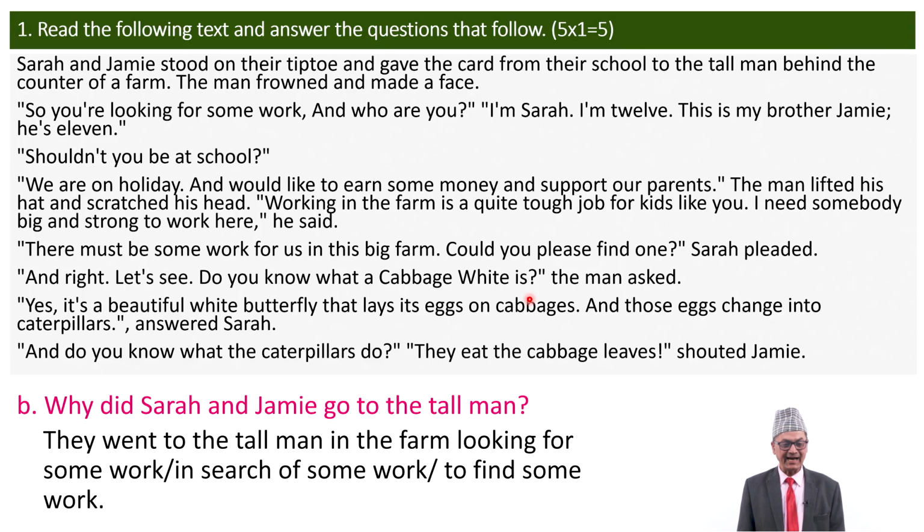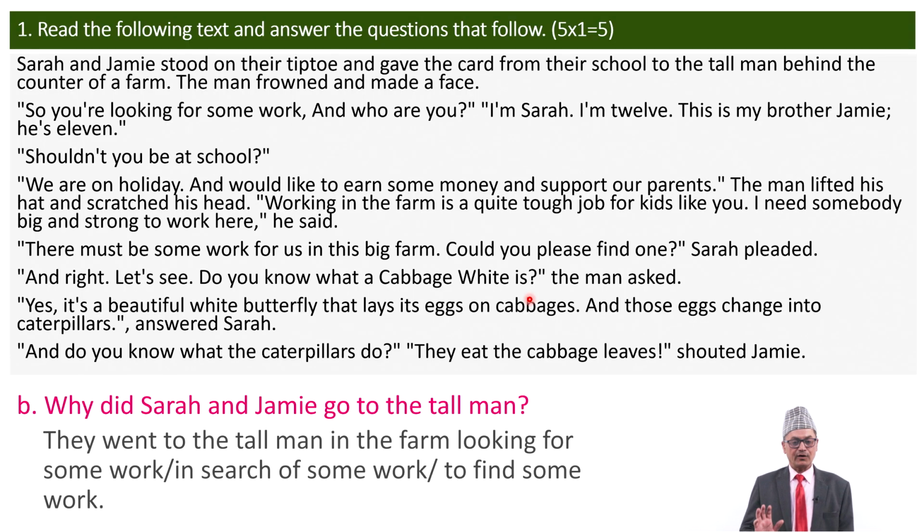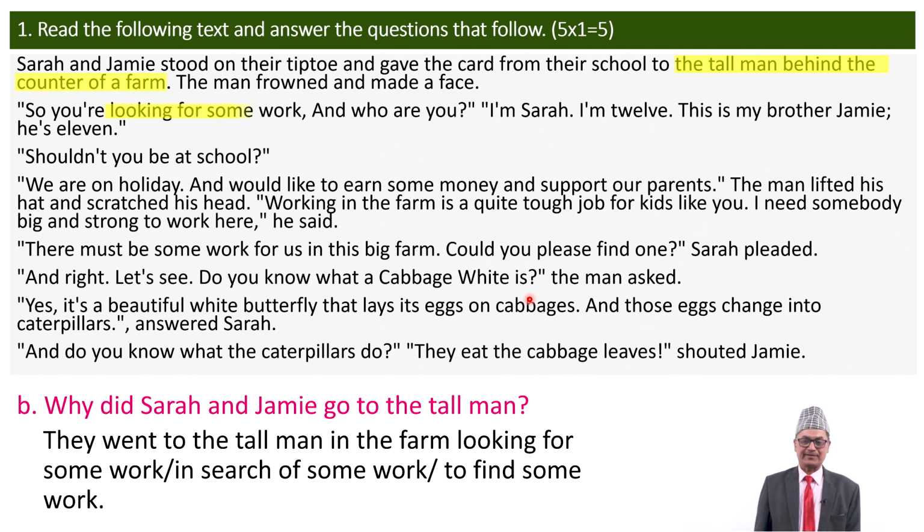Why did Sarah and Jamie go to the tall man? So where is the answer? Here. The tall man behind the counter of a farm, and then looking for some work. Look at the highlighted portion in the text.